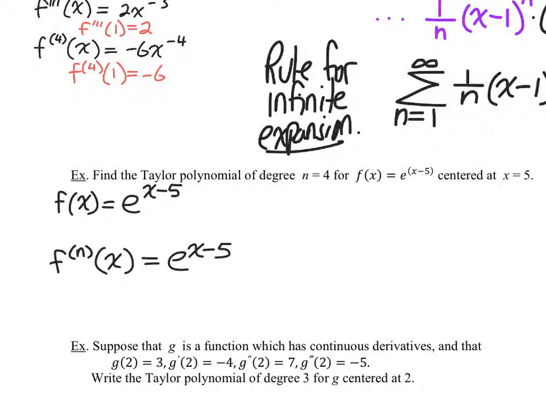Now, we're centering this around 5, so we're looking for f of 5. At first glance, 5 seems to be some weird value that was selected. But when you go through the calculations, you see that it's the perfect value because you get e to the 0th, which gives a result of 1.